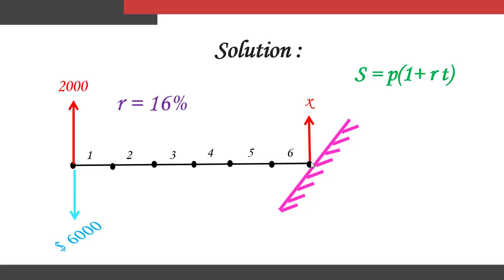By putting the focal date after 6 months, the amount of old obligations equals the amount of new obligations. So we get the amount for $6,000 for 6 months with a rate of 16%, and it will be equal to the amount of $2,000 plus X.